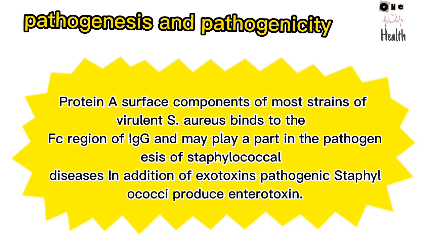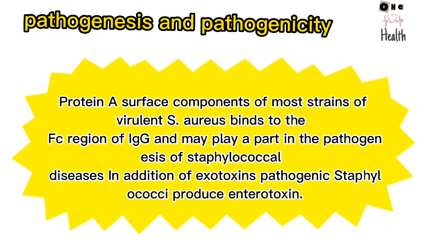Protein A, a surface component of most strains of virulent Staphylococcus aureus, binds to the Fc region of immunoglobulin G and may play a part in the pathogenesis of staphylococcal disease. In addition to exotoxins, pathogenic Staphylococcus produces enterotoxin.